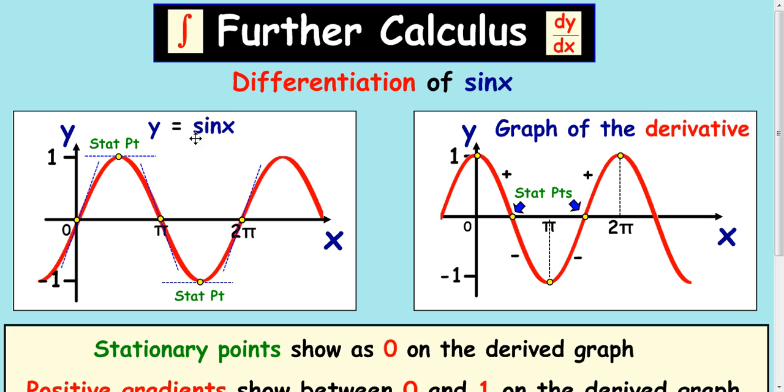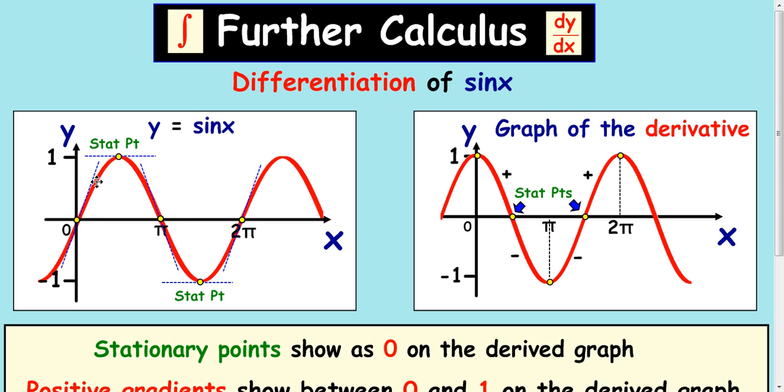If we draw the graph of the derivative of sine x, then any stationary points that you see have a gradient of 0, because the graph of the derivative is really a graph about the gradient. So the stationary points will go down to 0 on the graph of the derivative, which is over here, and you'll see the stationary points there and there.